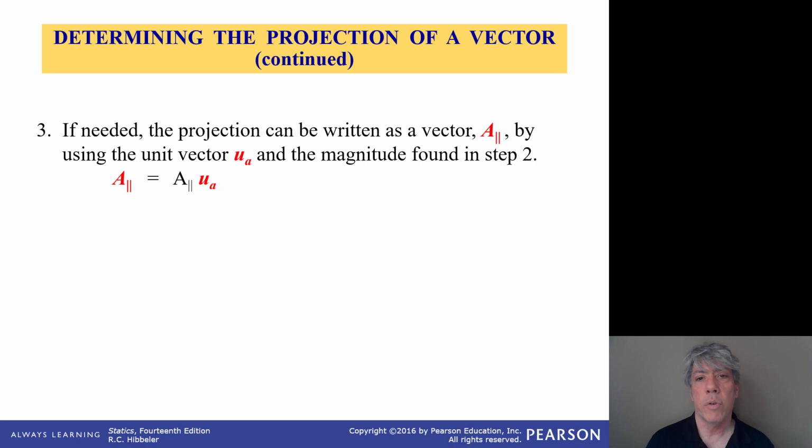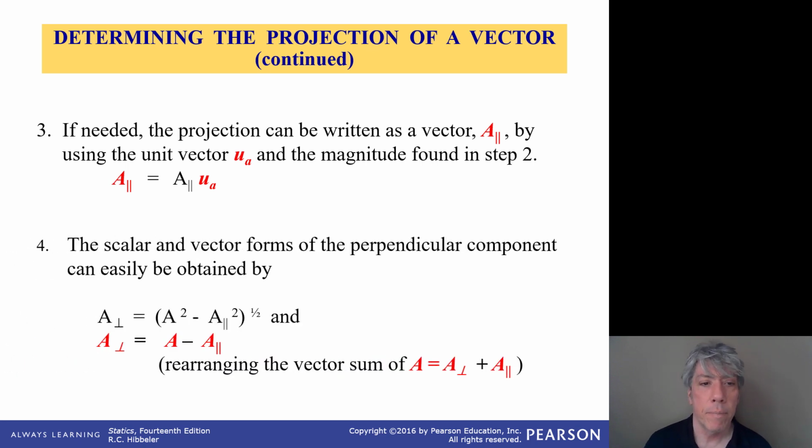It doesn't give us a direction. So if we want that as a vector along AA, the component of vector A that is parallel to the line or lies on the line, we multiply that magnitude we just found by the unit vector u sub A, and that is the projection of vector A onto line AA as a vector.